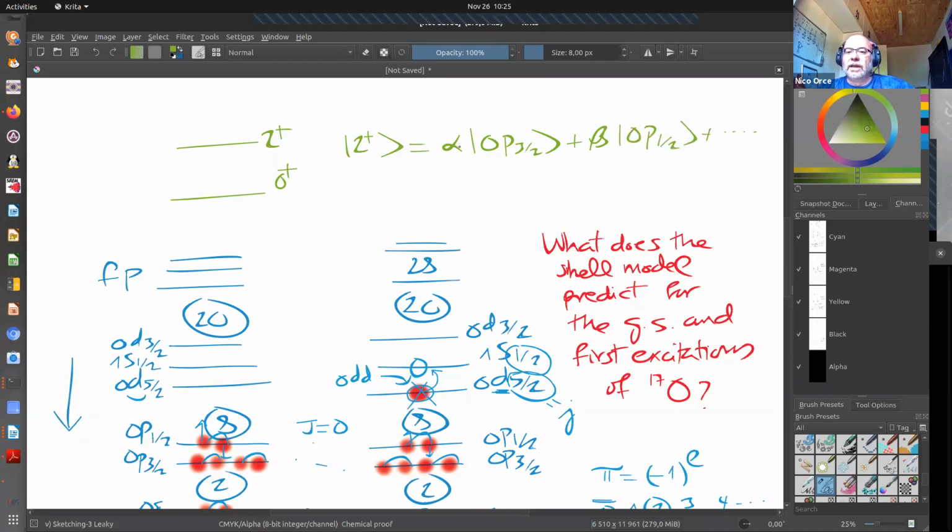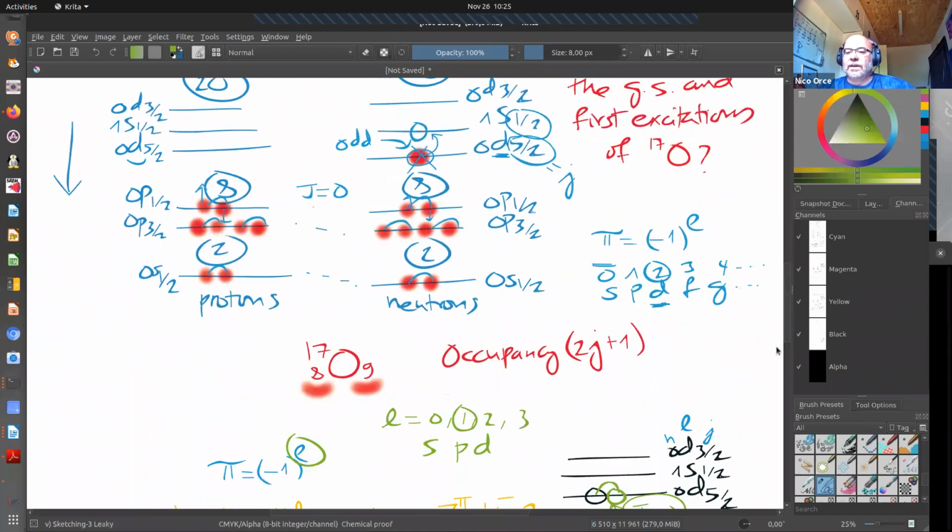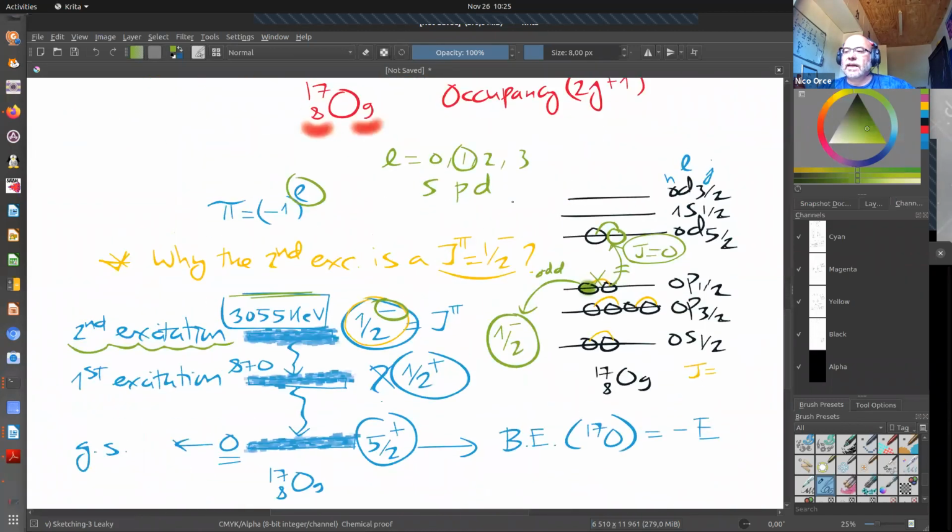There will be a percentage, a linear combination of possibilities, which will describe these 2 plus. It is not just a single situation, but always a linear combination of different possibilities, where the larger probabilities are the ones we are talking about.